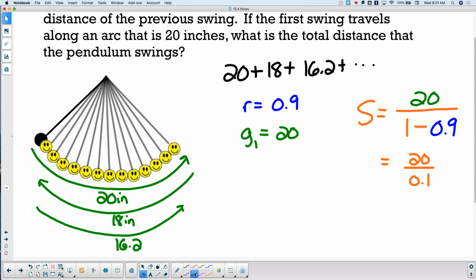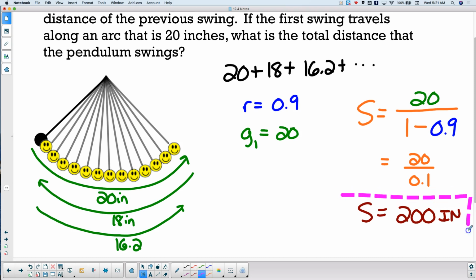So this pendulum travels a total of 200 inches in its swinging pattern, or in its swinging lifetime.